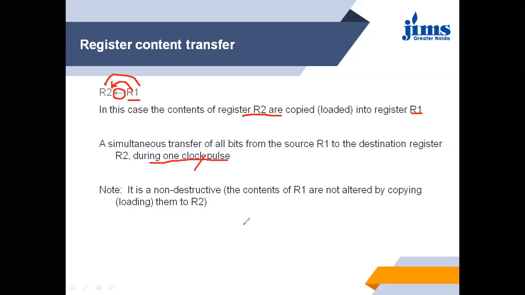It is saying that when we have register R1 and register R2, and we are copying the data of R1 to R2, then this data remains as it is. This means we are taking a copy of this data and going to store it in register R2.